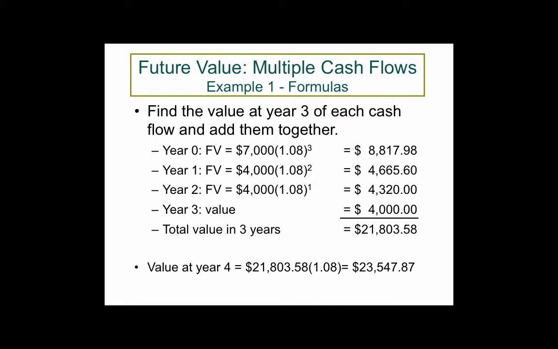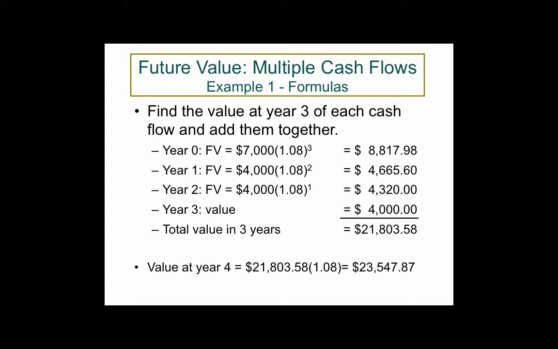And then you just sum all those together, and when you sum all of them together, you have $21,803.58. To find the value in year 4, you can then just multiply all of that by 1.08, and that would give you $23,547.87.